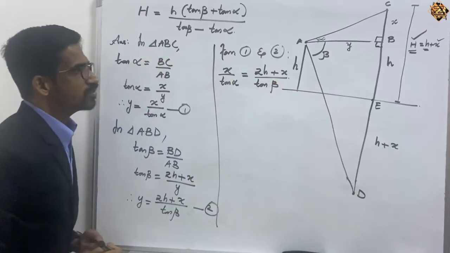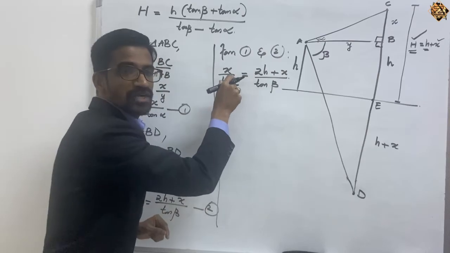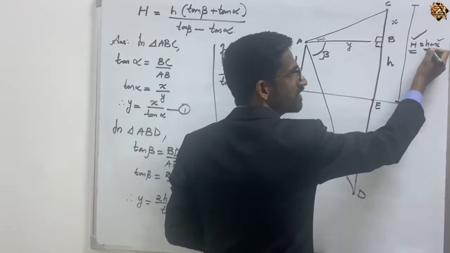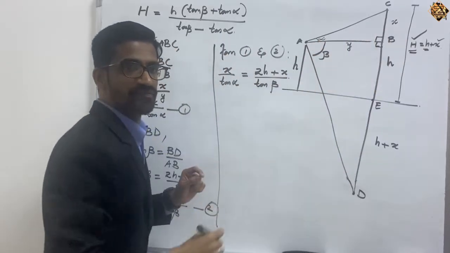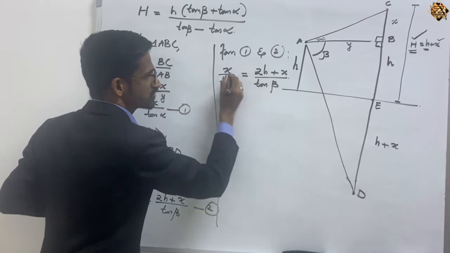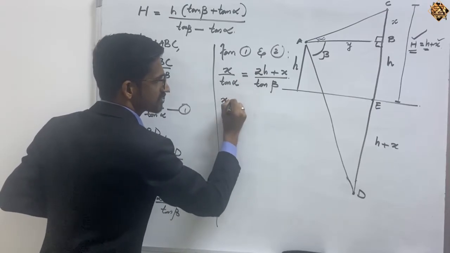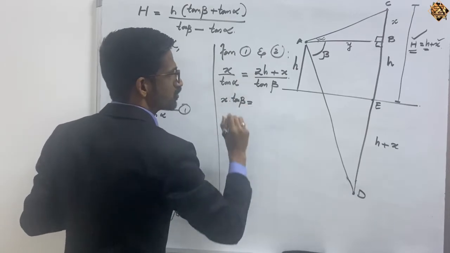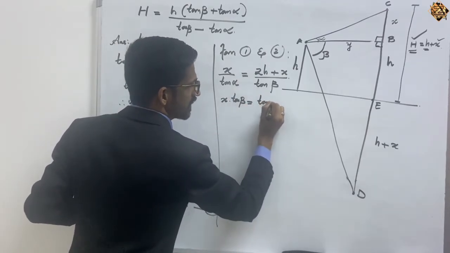Now we need to find the value of x. Our aim is to get the value of x, and if we add that with h, we will be able to find the height of the cloud. So for that we do the cross multiplication. x into tan beta, that is x tan beta, equals tan alpha into 2h plus x.